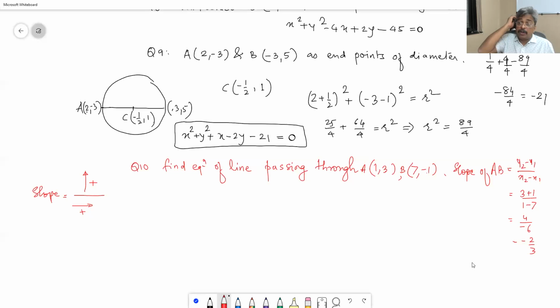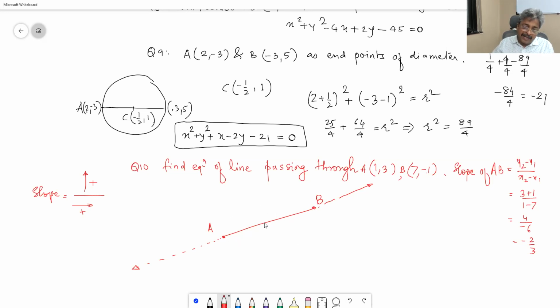That is the slope. Now let us understand the geometry. One point is here and another point is here, B. And we are interested in all points on this line.